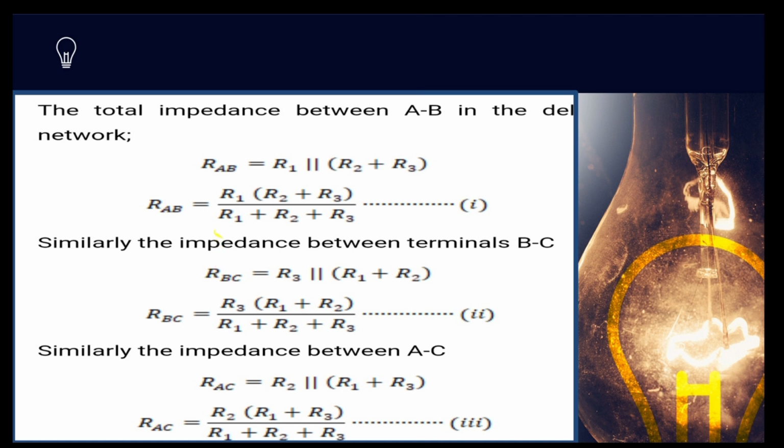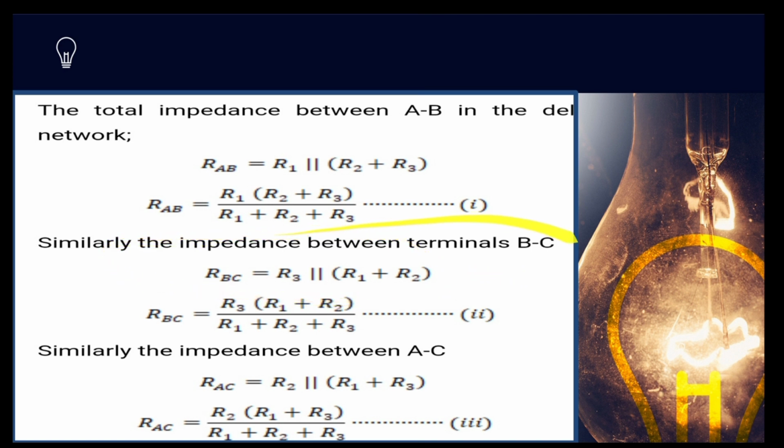As we know, when resistors or impedances are connected in parallel, the equivalent is the reciprocal of 1 by R1 plus 1 by R2. So by using this we get the equation RAB equals R1 into (R2 plus R3) divided by (R1 plus R2 plus R3).